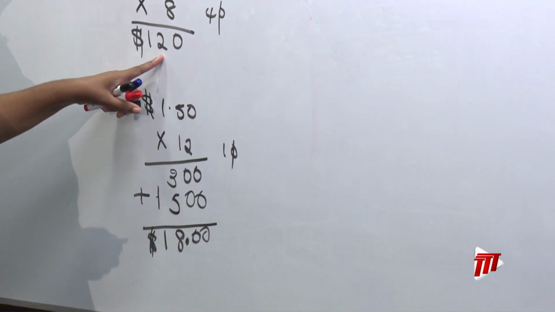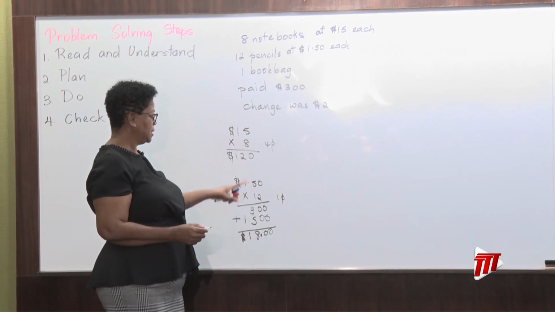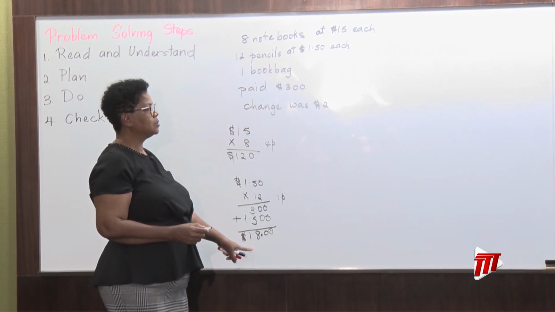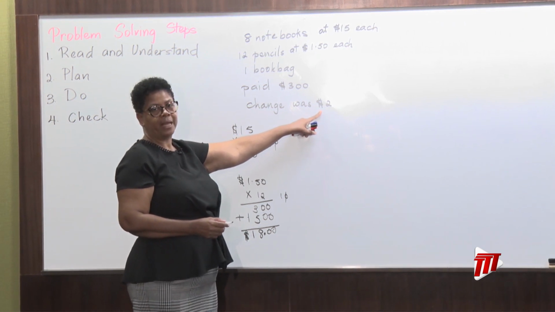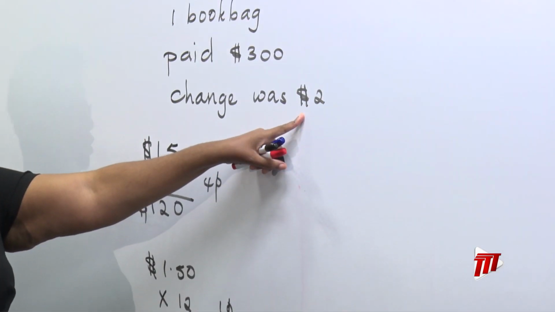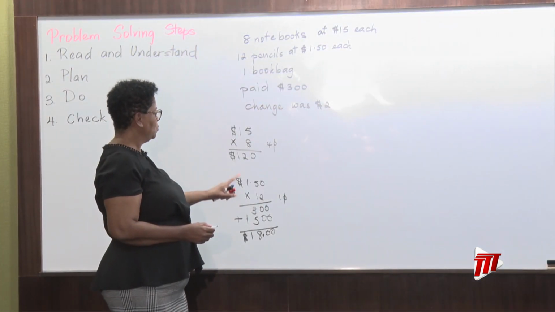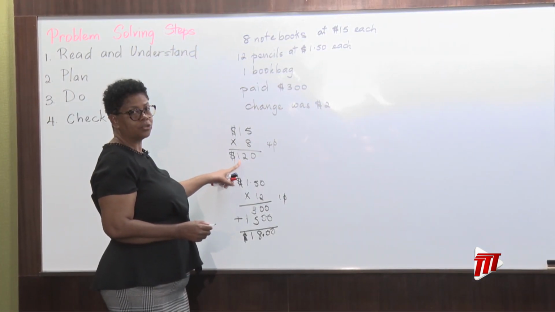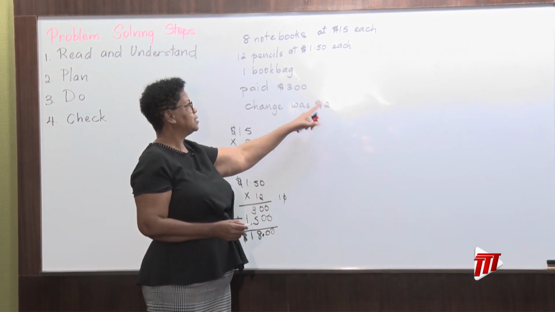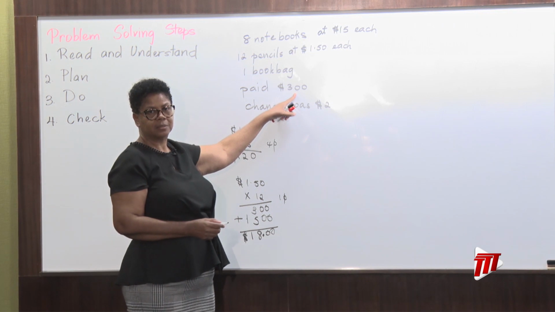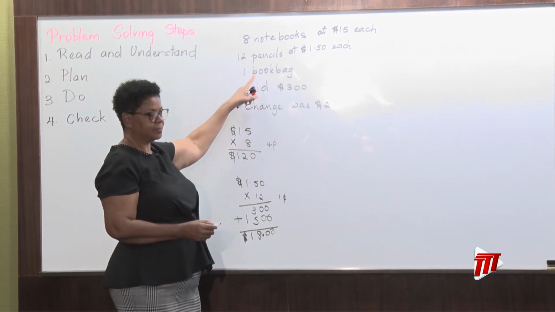So the cost of the notebooks was $120 and the cost of the pencils was $18. We also know that she got back $2 change. So what we can do is remove the $120, the $18, and the $2 from the $300. What remains would be the price of our book bag.